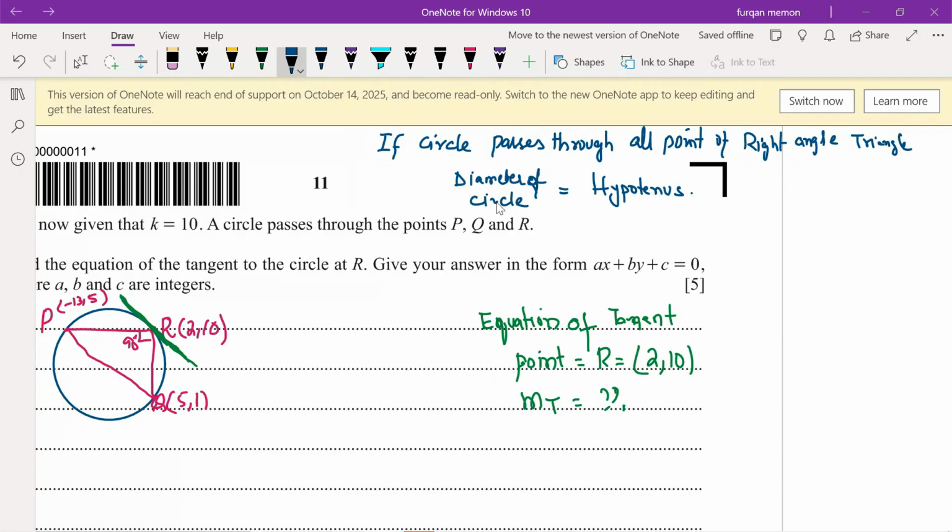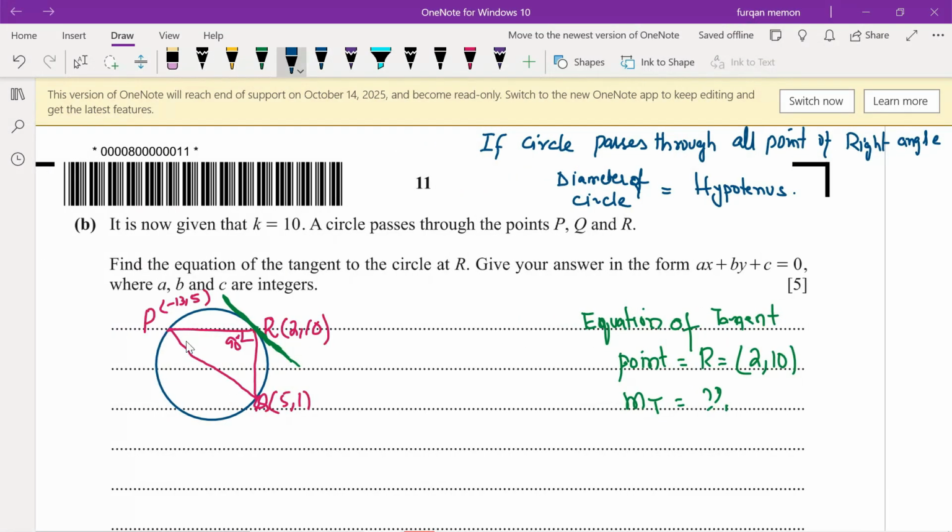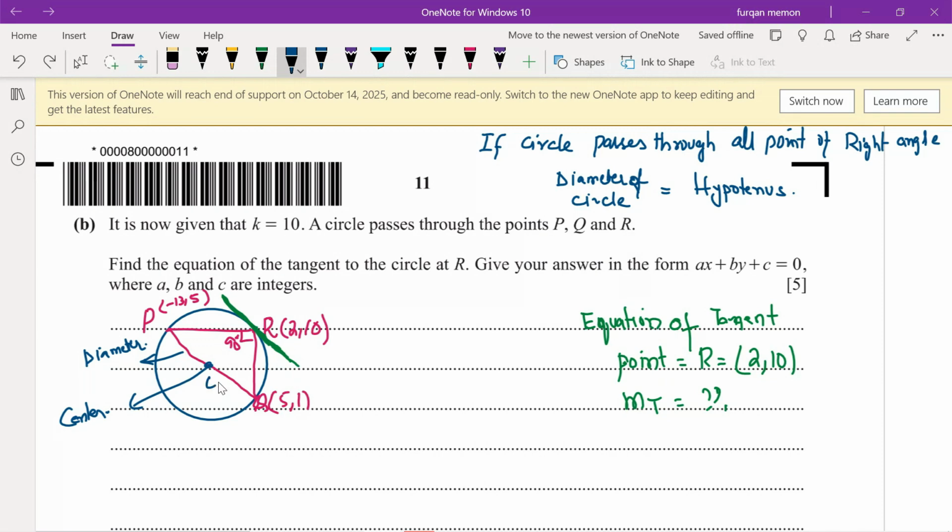This is the concept you should know. So this PQ is the diameter, and the midpoint of PQ is the center, and the center is O, we can say.